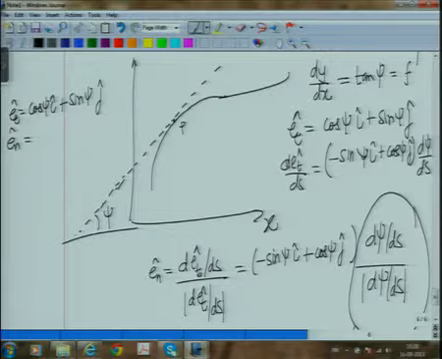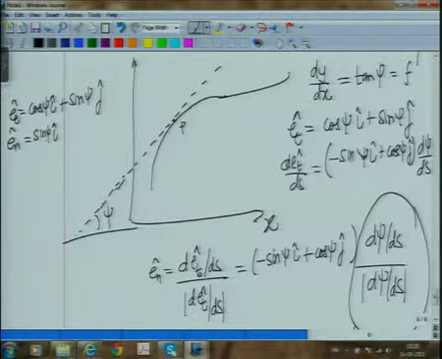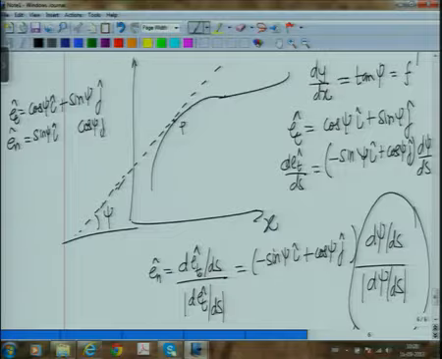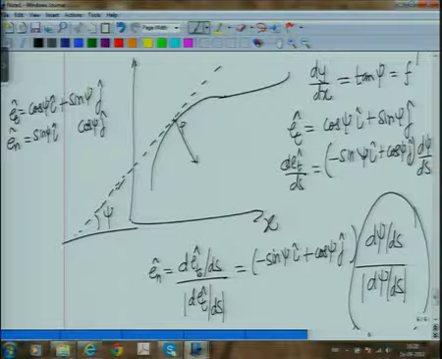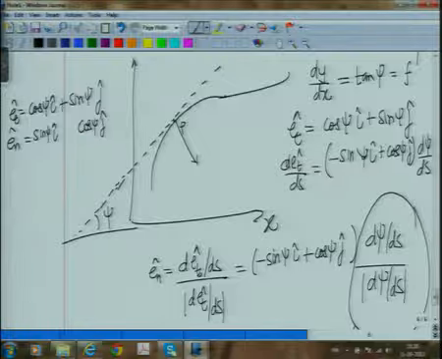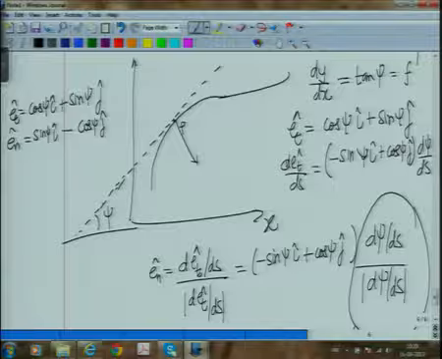Therefore, the i component will have the sin psi and the j component will have cos psi. Now, one of these will be negative. Which one of these is negative? You will see it by which is facing towards the center of curvature. So, in this case, the curvature is like this. That means the i component is positive and the j component is negative.